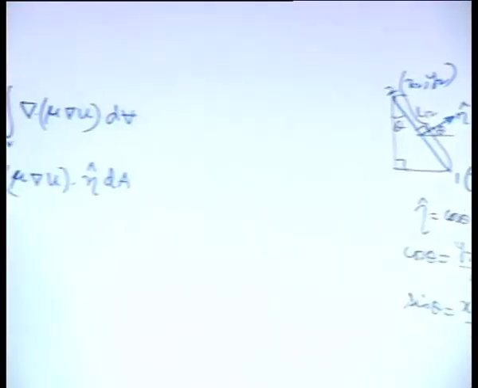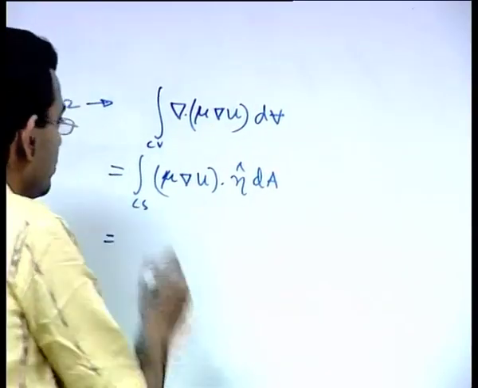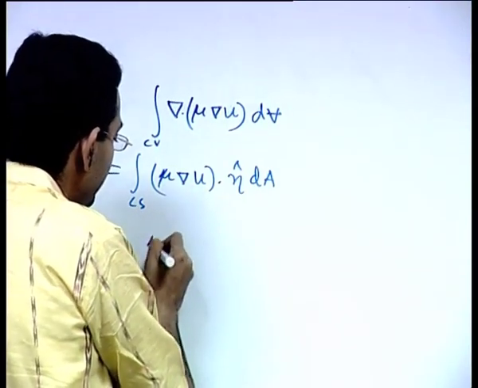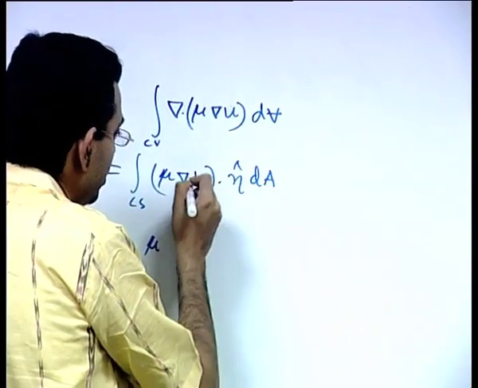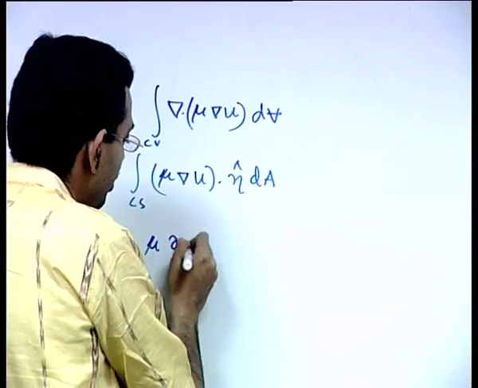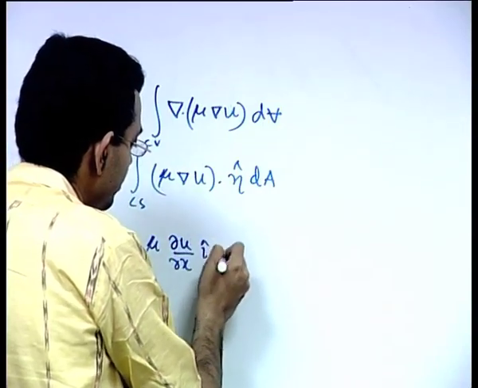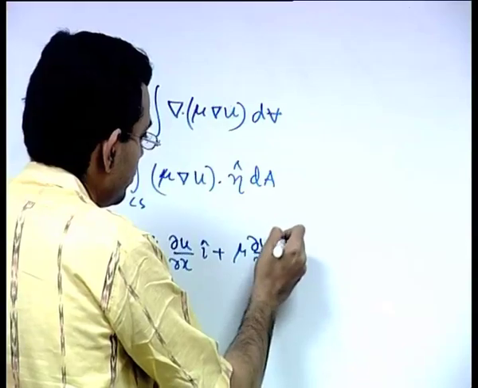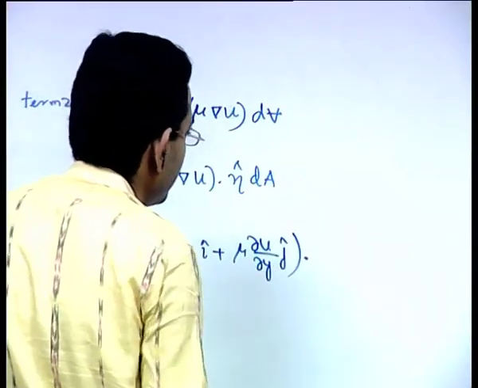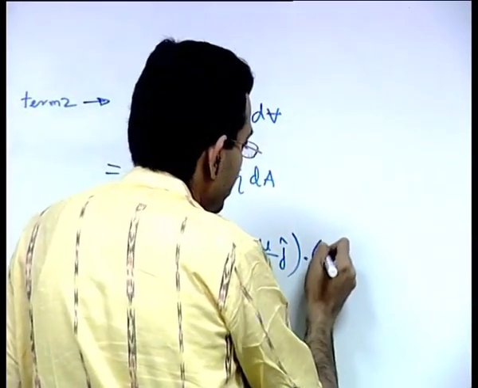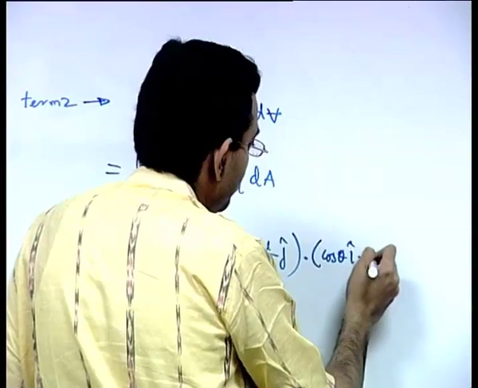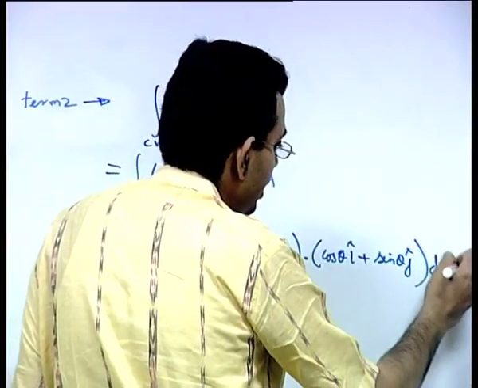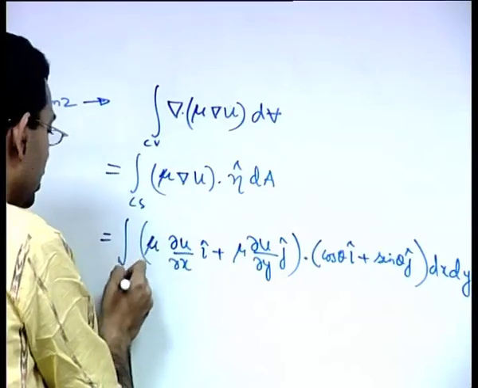Now, you can expand this integral as mu grad u is del u del x I plus mu del u del y j, dot with eta, which is cos theta I plus sin theta j, dA is like dx dy, integral of it.